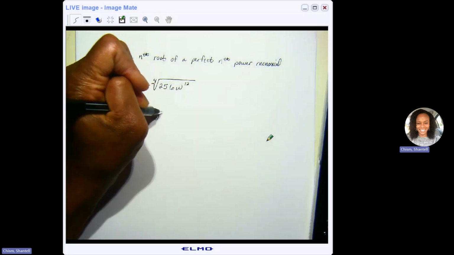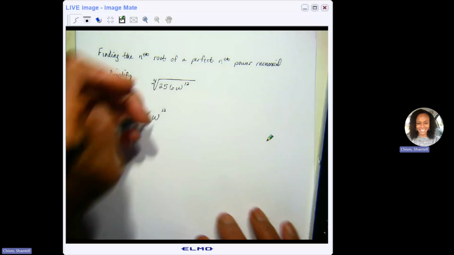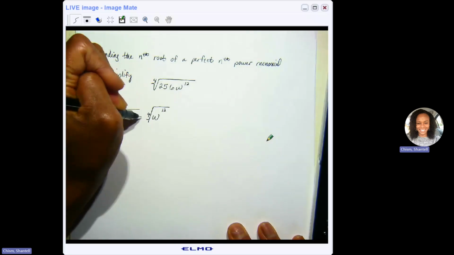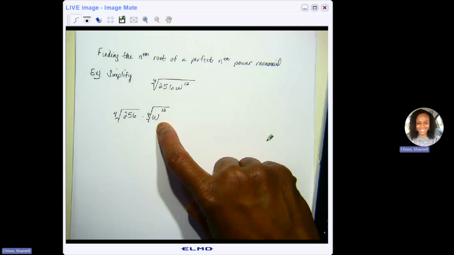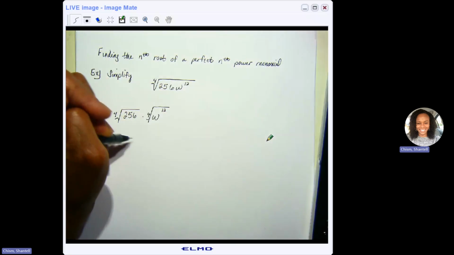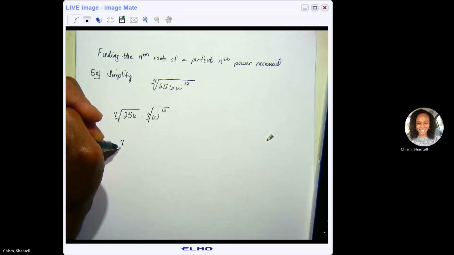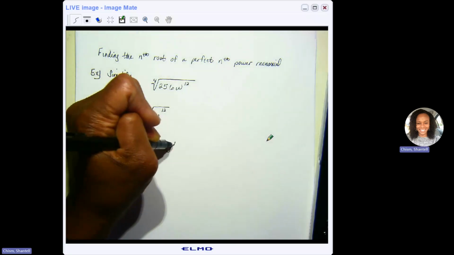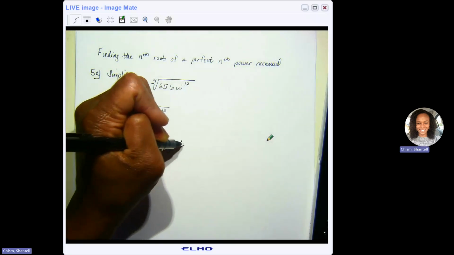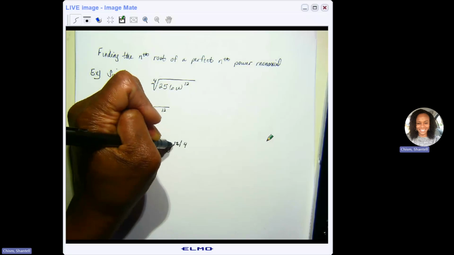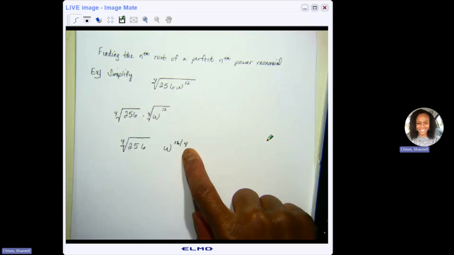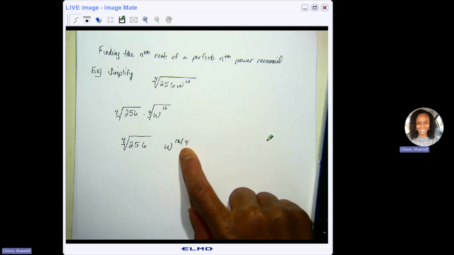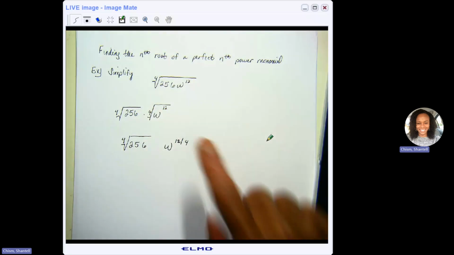But with the variable part, I'm going to write it like this for now, but instead of keeping that as the fourth root of w to the 12th, we're going to write that as w to the 12th divided by 4. Because what that root means is when I write it as an exponent, it's meaning 1/4 power.